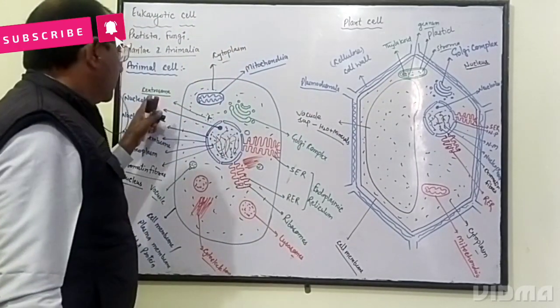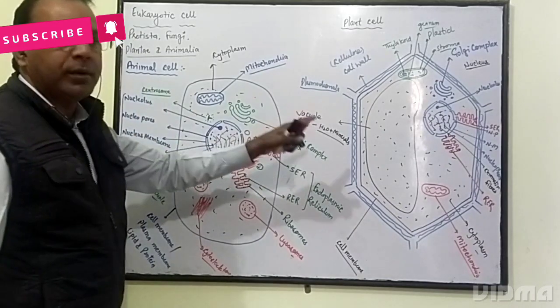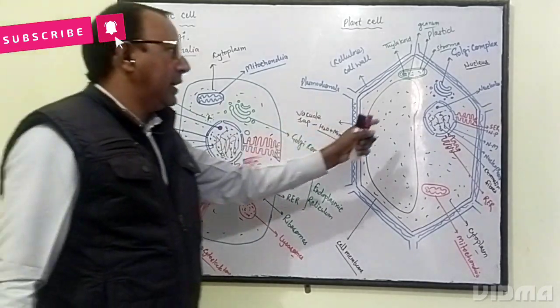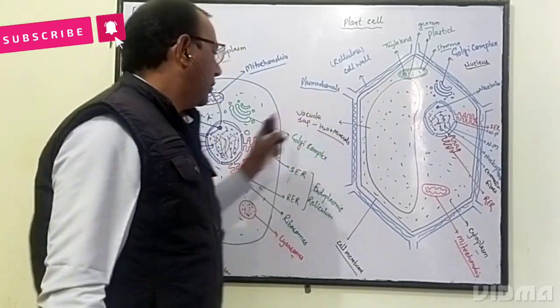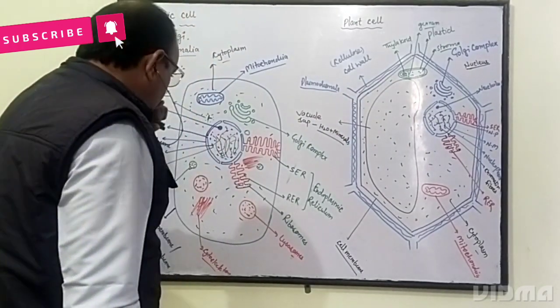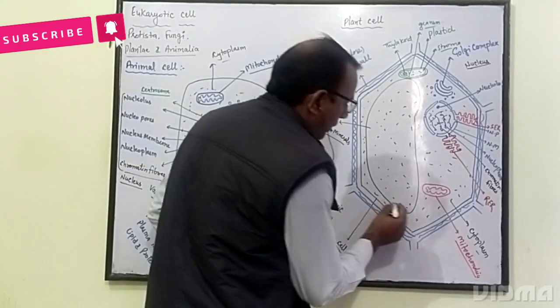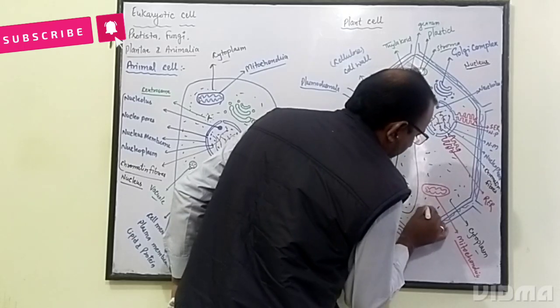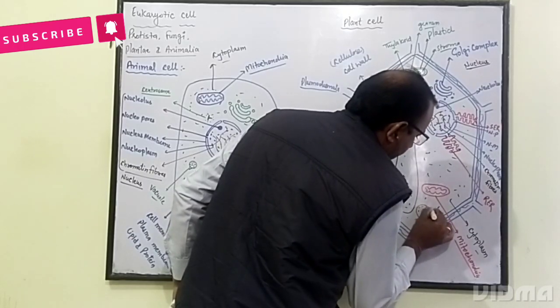In an animal cell, the centriole is extra, not in a plant cell. In a plant cell, the plastid is present but not in an animal cell. Lysosomes are spherical structures which contain enzymes.